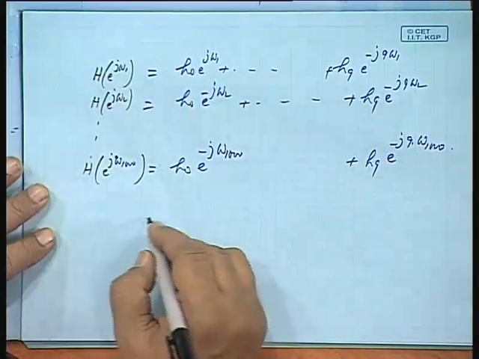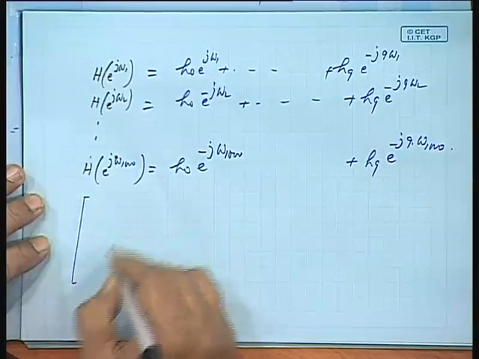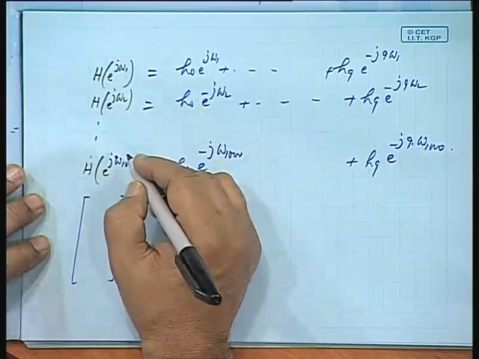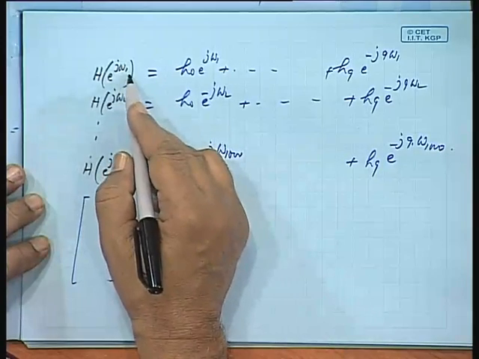So, this I can write in a matrix form. This is an information vector, and these are complex quantities.